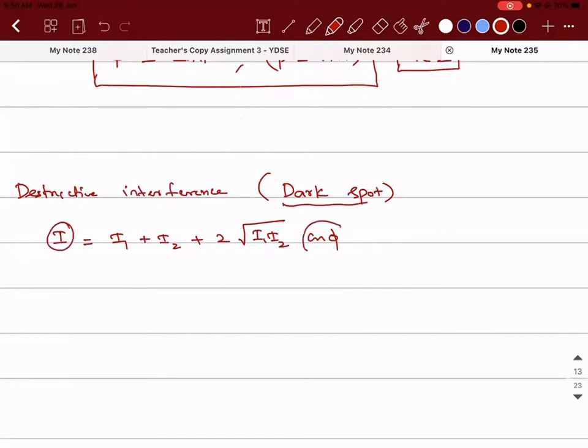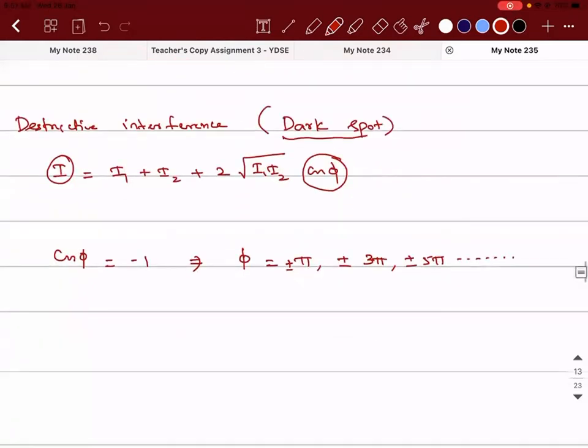So intensity will be least when cos phi is least. So cos phi should be minus 1, which implies phi should be equal to pi, or plus or minus pi, plus or minus 3 pi, plus or minus 5 pi. It keeps on going like this. So phi should be an odd multiple of pi.